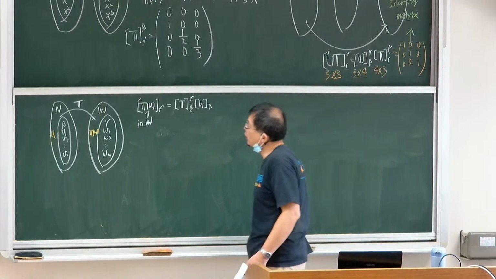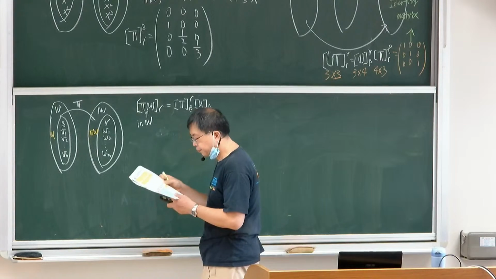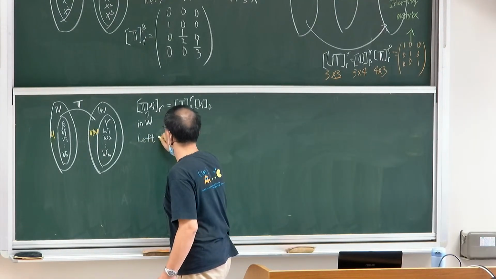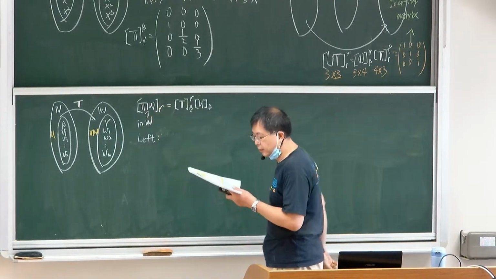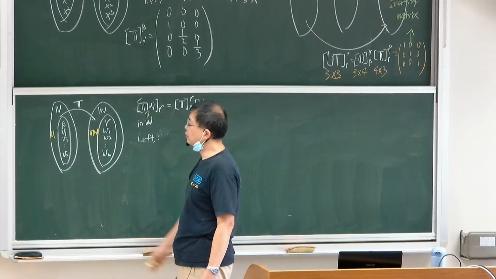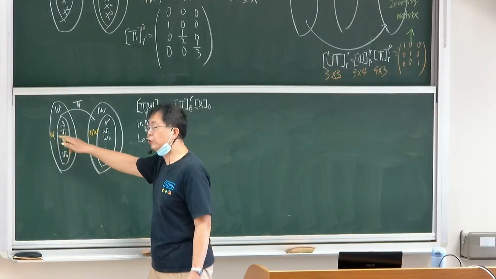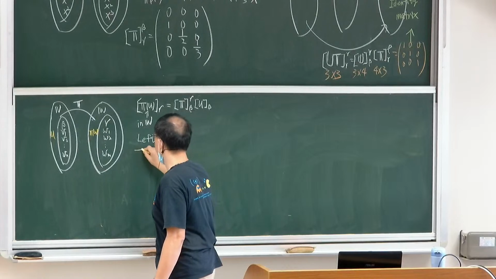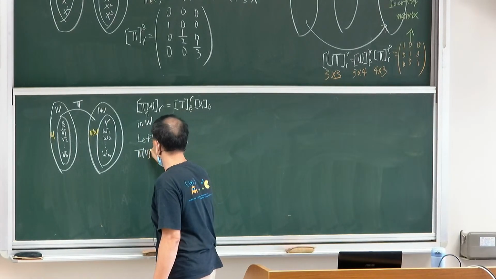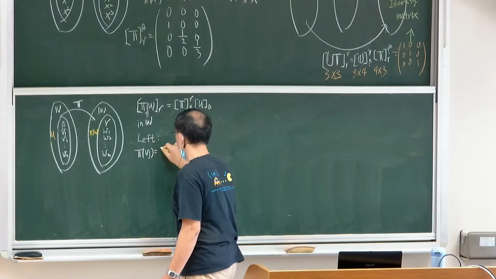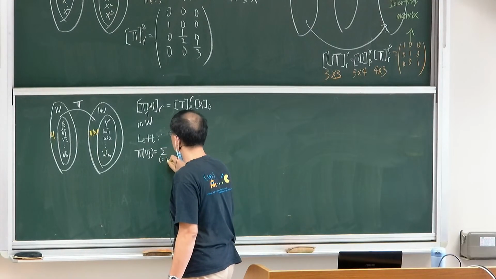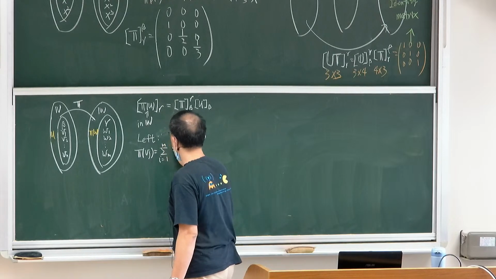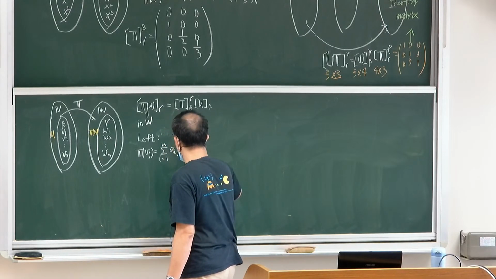On the left-hand side, we know that when we take the linear transformation on the basis vectors, we have T of Vj equals the summation i equals 1 to m of Aij times Wi.